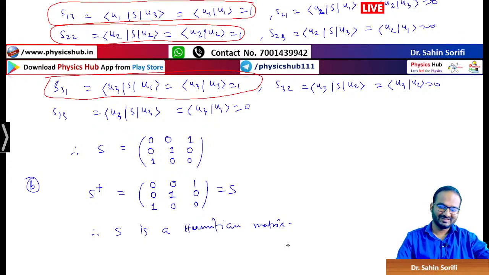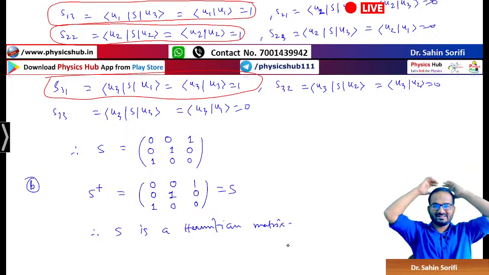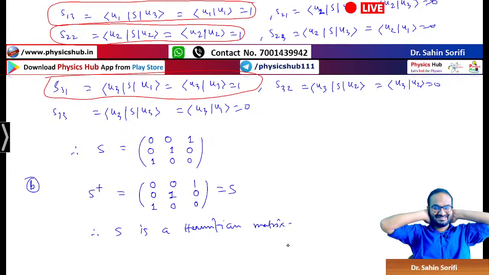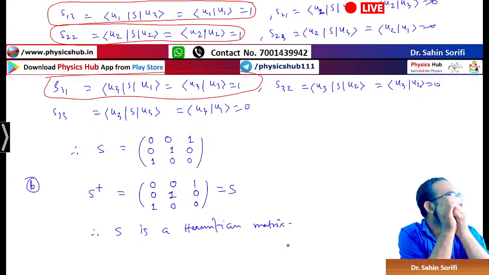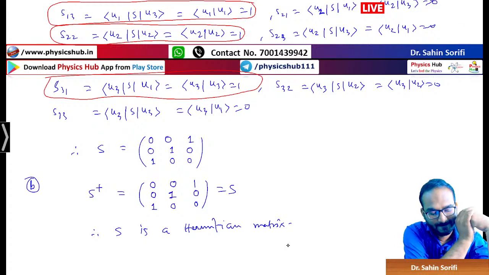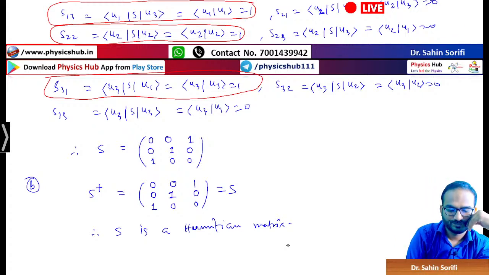Anti-diagonal. I don't think there is any term like anti-diagonal. Does it exist? Just let me check it. What is this called?